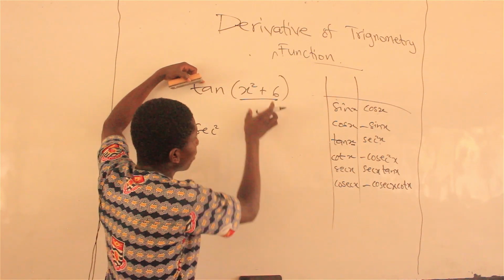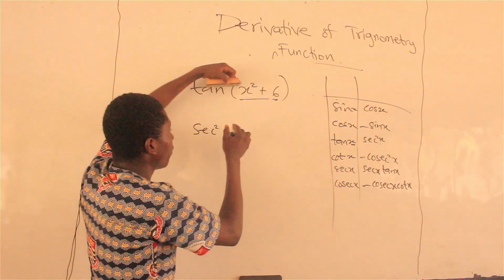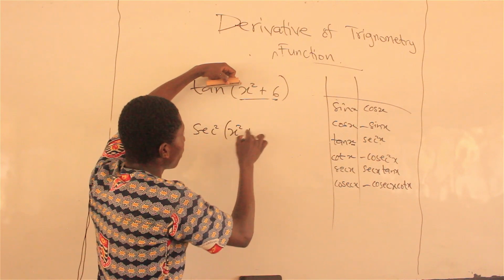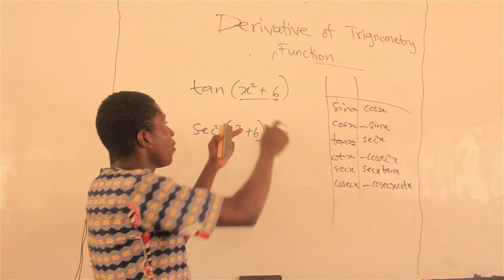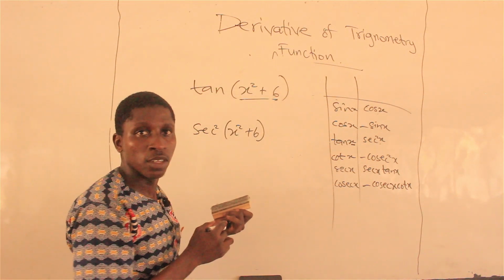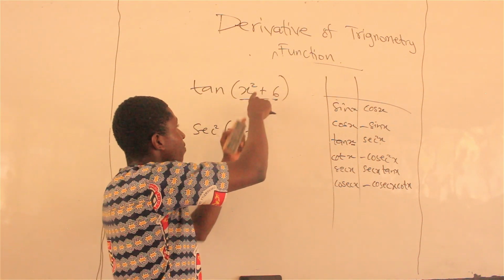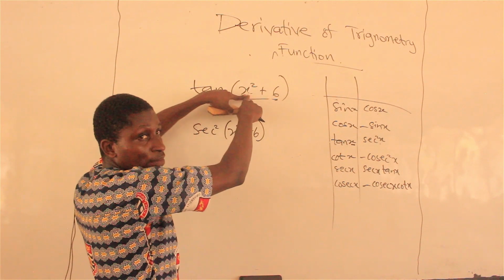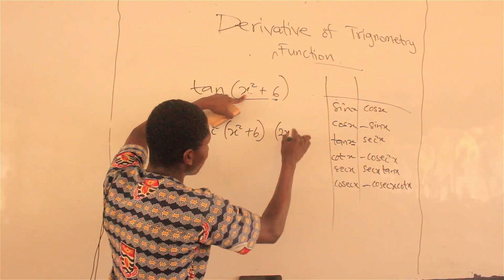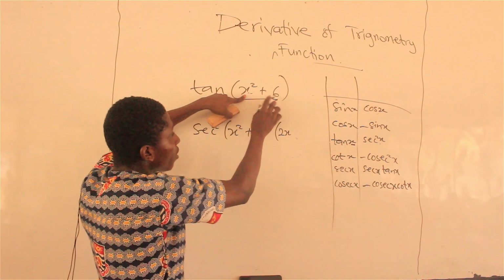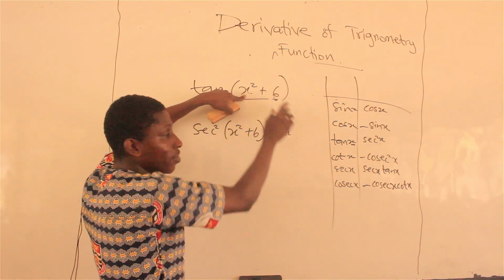Then you maintain the angle, s squared plus 6. After that, you differentiate the angle. So when you differentiate s squared, that gives us 2s. Now when you differentiate the constant, you get 0.